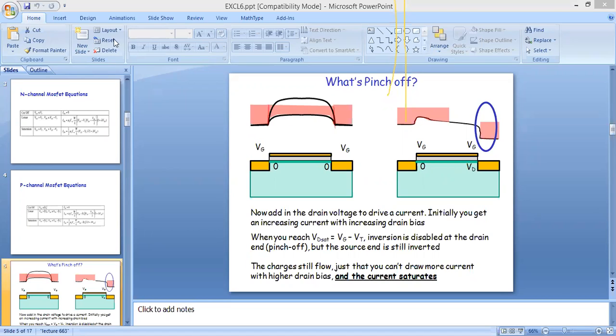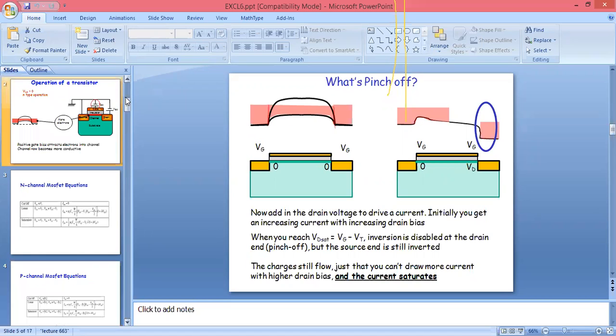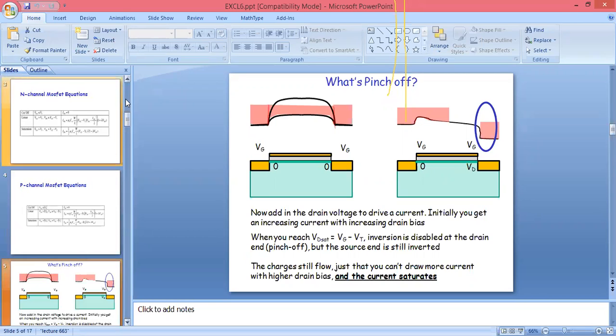The value of current will remain constant. You guys can see the structure here.